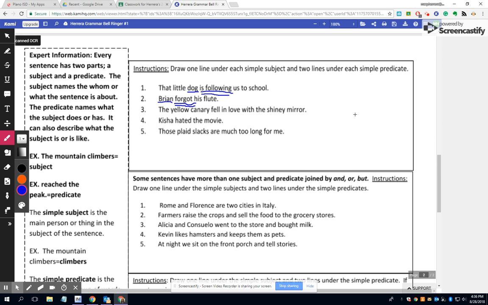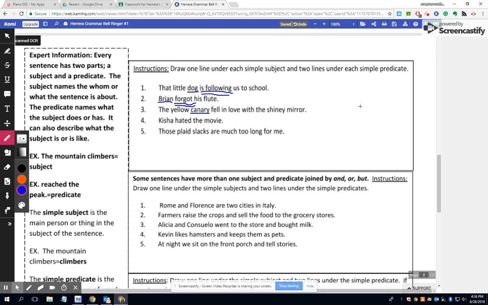Okay, so that must mean it is the canary. Only canary. We don't want to, oops, I'm sorry. Let me undo that. Okay, only the canary is doing something. Yellow can't do anything, so it's not part of the subject.